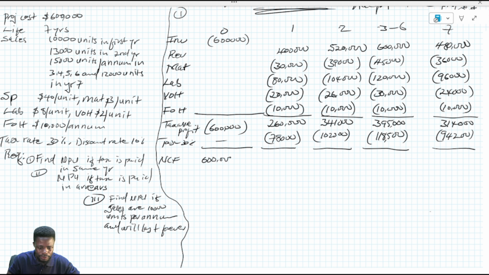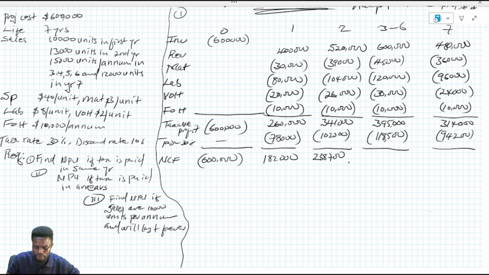Don't forget, your investment is always along. So to get your net cash flow, you deduct these two. Your net cash flow for year one will be 182,000. And for year two, when you deduct it, it will give you 238,700.